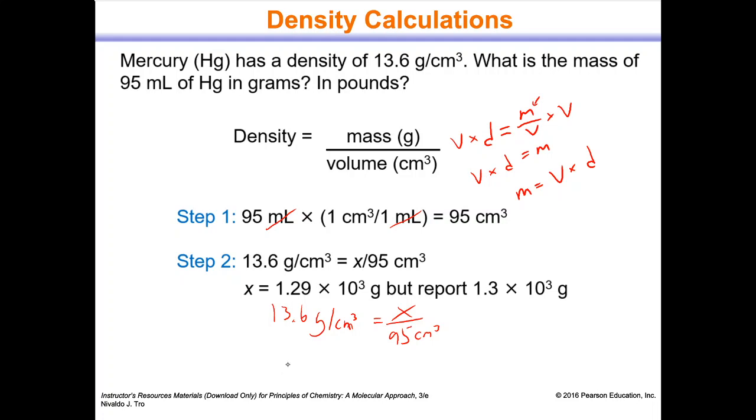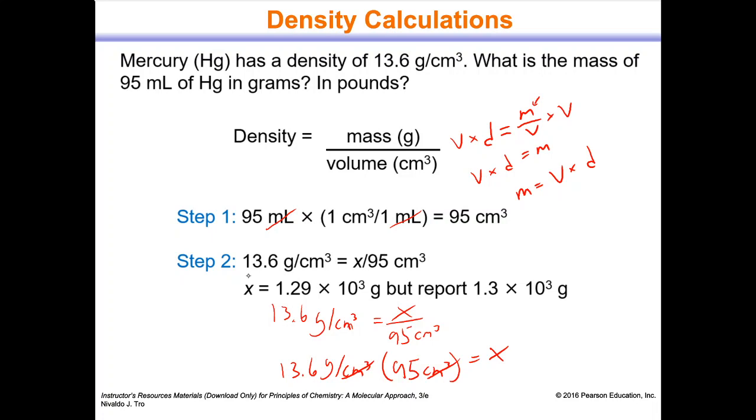In other words, 13.6 grams per centimeter cubed times 95 centimeters cubed is equal to x. Centimeters cubed will cancel with centimeters cubed, and you're left with basically 13.6 times 95, which would give you 1.29 times 10 to the third grams.